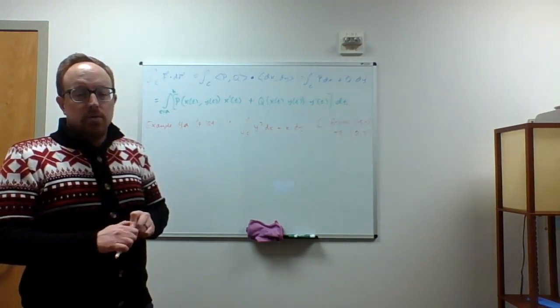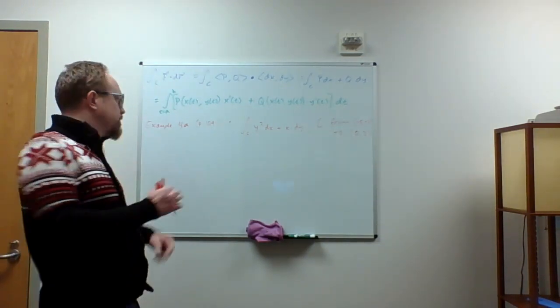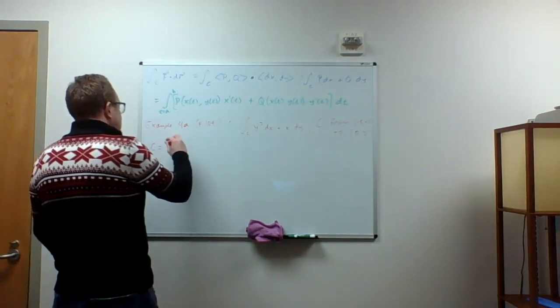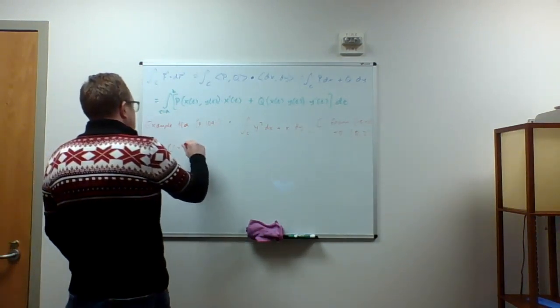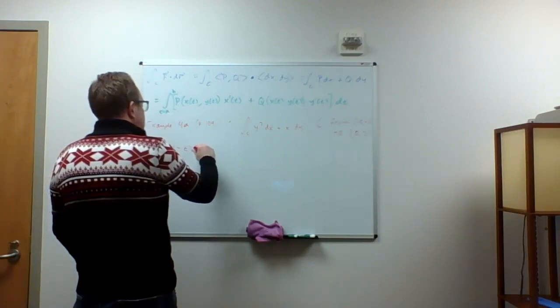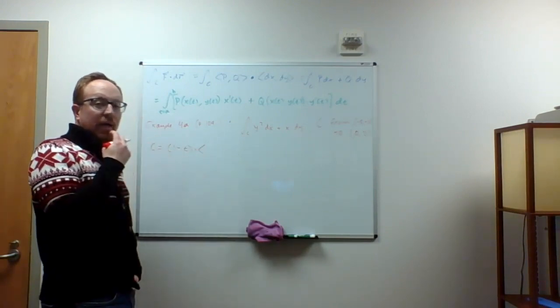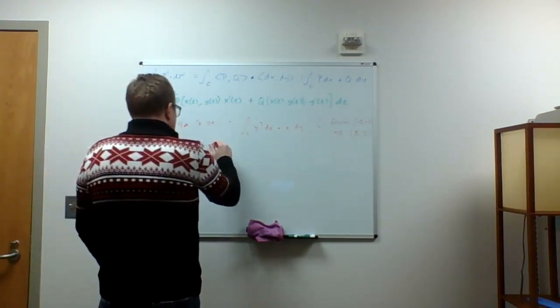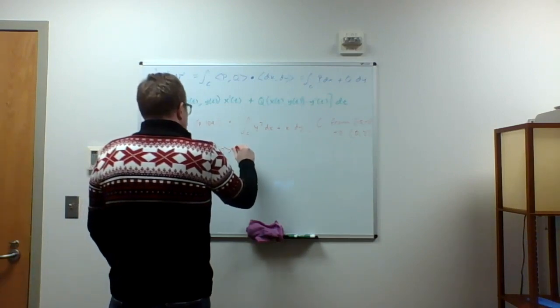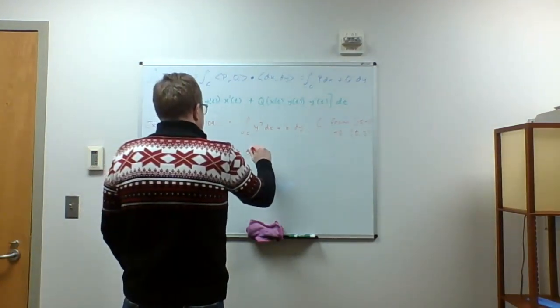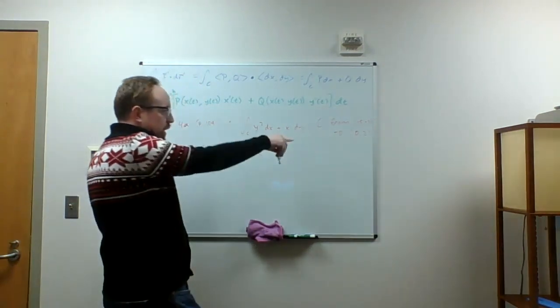To do that, we're going to use this trick of parameterizing a line, where we can say that C is (1 minus t) times the point or vector that we start at, (-5, -3), plus t times the vector that we're supposed to end at, (0, 2).